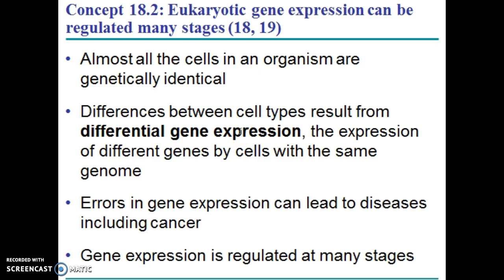Essentially, what's occurring in differential gene expression is genes on the chromosomes are expressed in some cells, but those genes aren't expressed in every single cell. In other words, a cell can dictate which genes in the genome are expressed and which are not expressed.